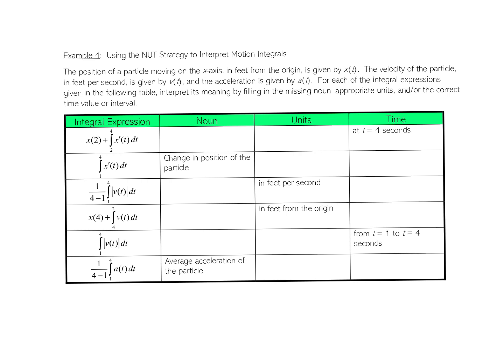So the first one is x of 2 plus the integral from 2 to 4 of the derivative of x of t dt. If you're having trouble with this, look at the chart to get you going, but at some point you're going to have to know this.